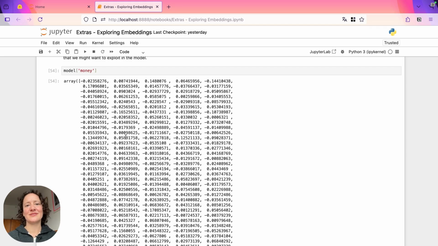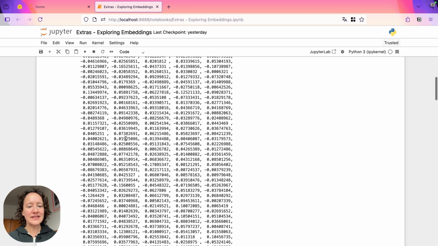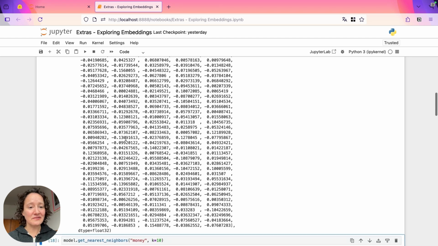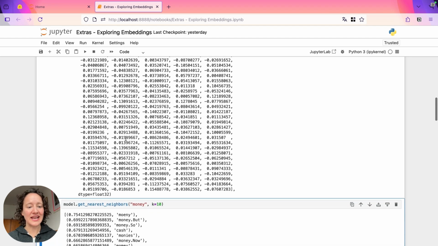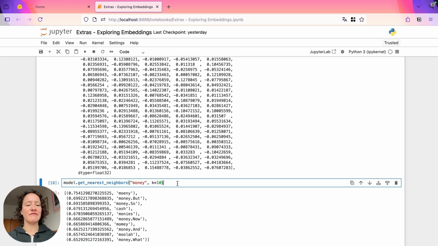So like money. I want to convince people that if they follow me, they can get lots of money. Here's my embedding for money. Obviously, it doesn't really tell me anything, but it does start to tell me something if I start poking around. What's near me? I'm money now. What is near me in vector space, in tensor space?